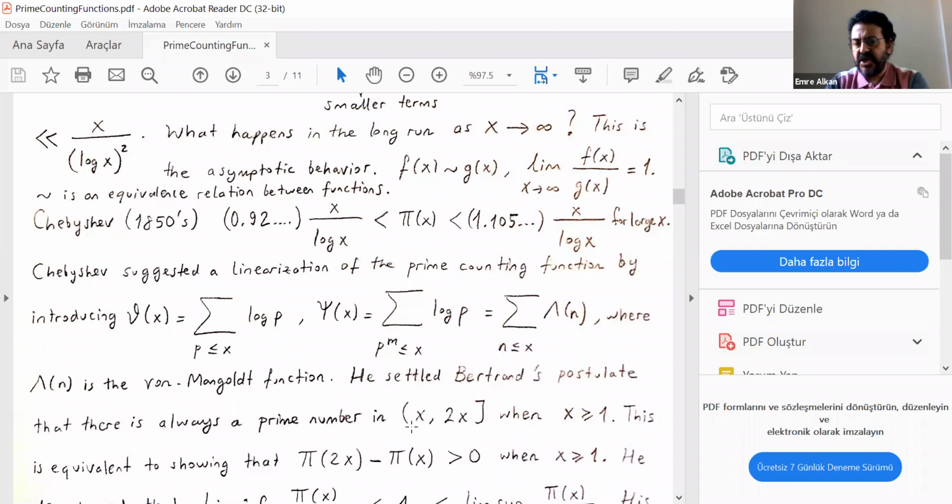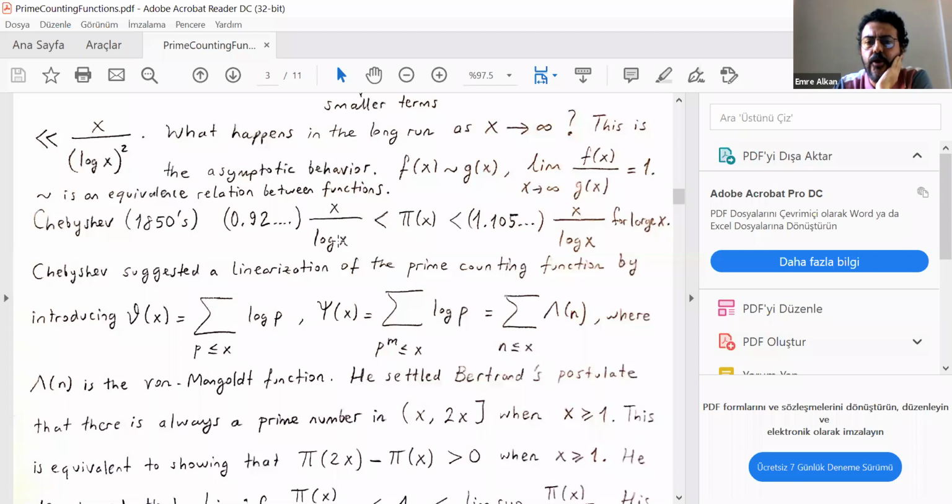And you can sense how one approaches this kind of problem. This is equivalent to showing that pi of 2x, all primes up to 2x, minus pi of x is positive. Okay, so if you can show that, then that means that there are primes in this interval when x is greater than or equal to 1. Now, how do you show such a thing? It looks promising. And now you can understand why Chebyshev's earlier inequality helps, because if you think about a lower bound for pi of 2x, you replace x by 2x.